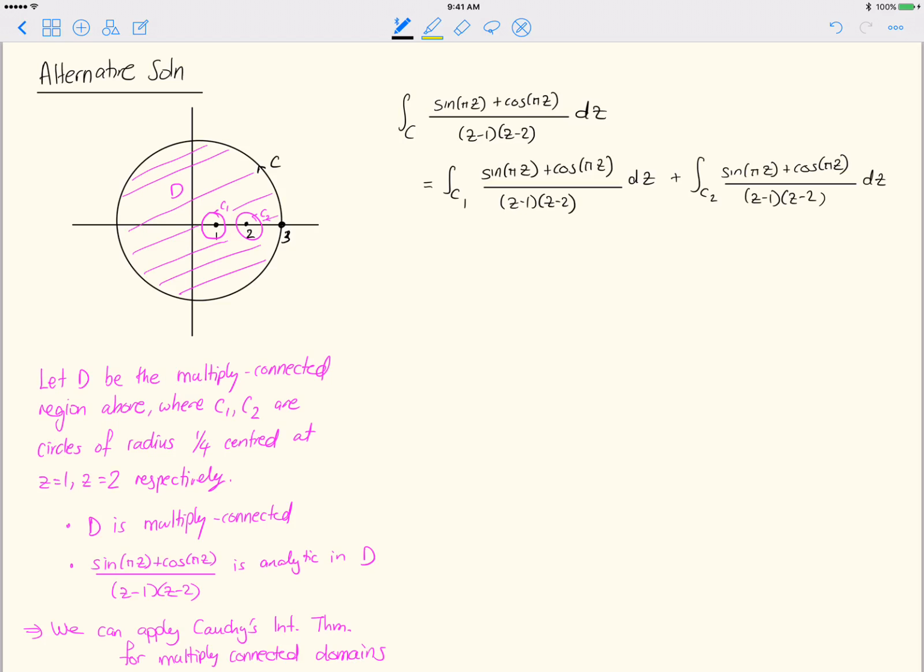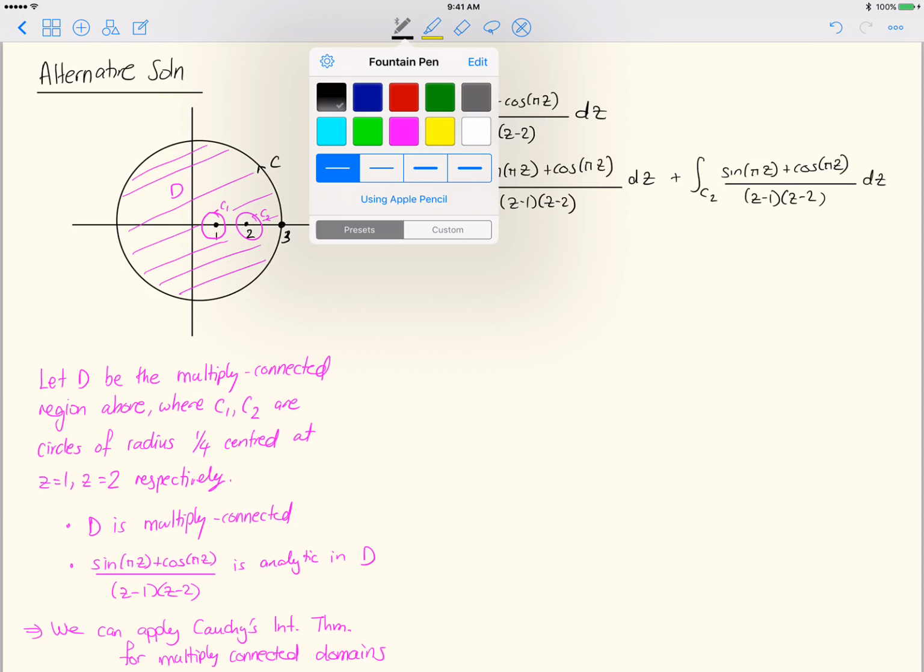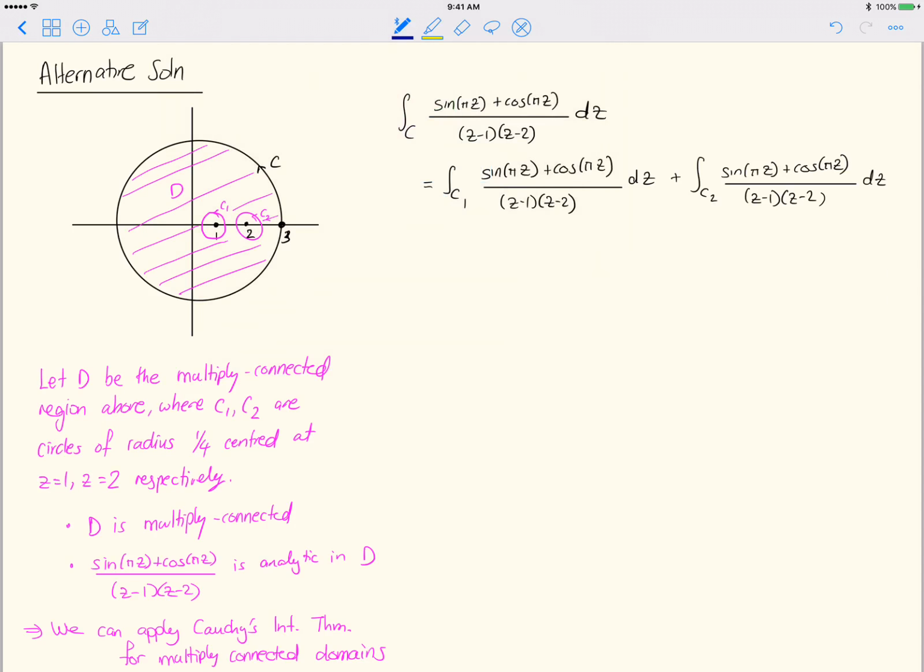And now each of those integrals, I'm going to treat them separately. I'm going to call this one I1, and I'm going to call this one I2. I can compute I1 and I2 separately using Cauchy's integral formula.